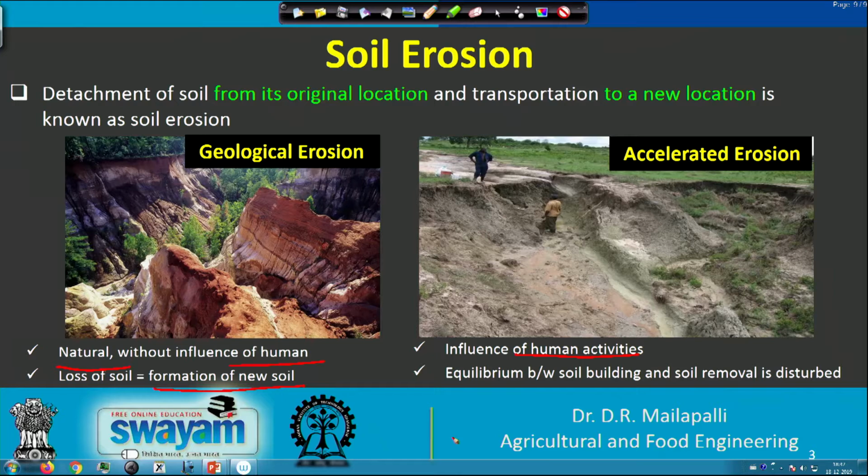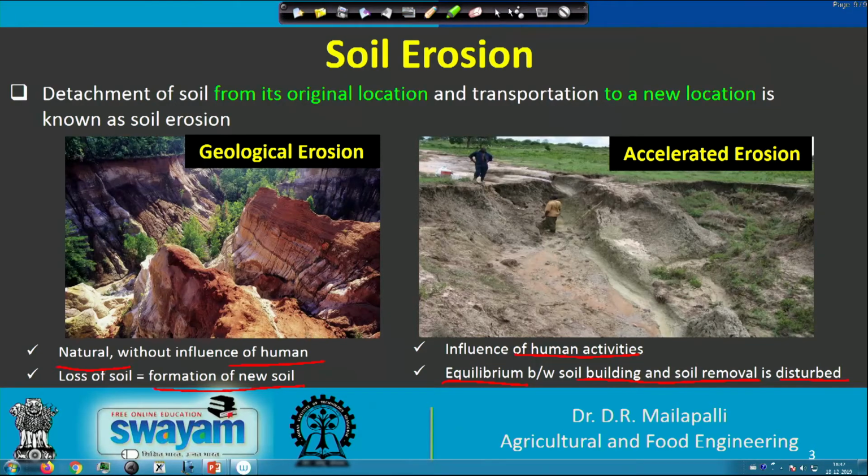All these things disturb the soil, and that contributes to or accelerates the erosion process. So, the equilibrium between soil building and soil removal, which holds in geological erosion, is disturbed in accelerated erosion.